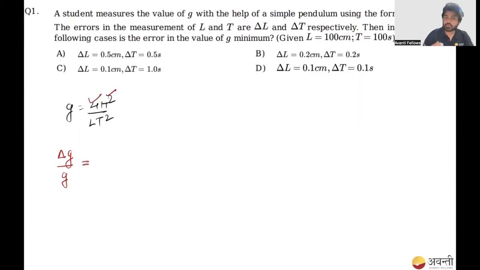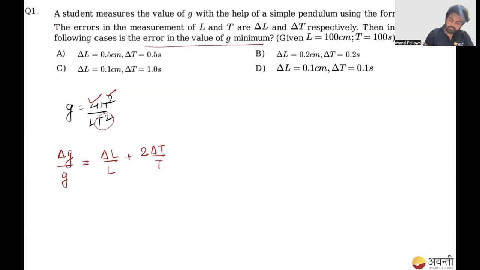So we will be considering only change in length and time. So delta L upon L plus 2 times delta T upon T, because T has square, right? Now we have to calculate the error in the value of g, and that should be minimum.